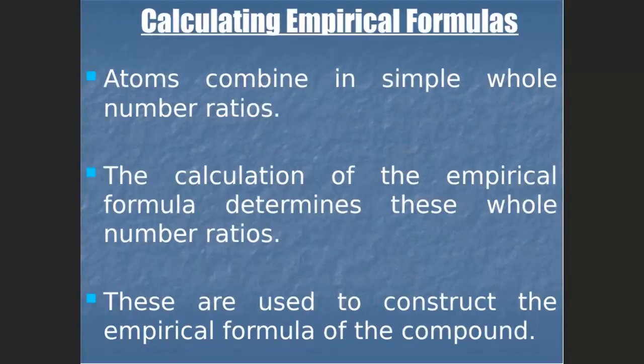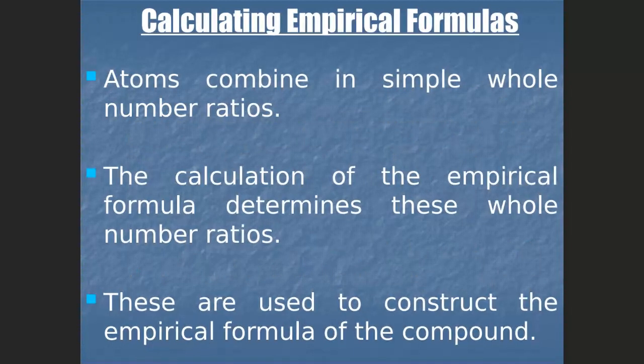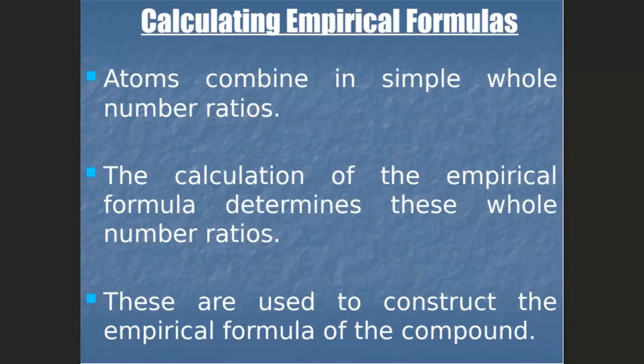So now let's see. We have some steps. The first step: the atoms combine in a simple whole number ratio. We know the whole number ratio that we just discussed. They are used to construct the empirical formula of a compound.